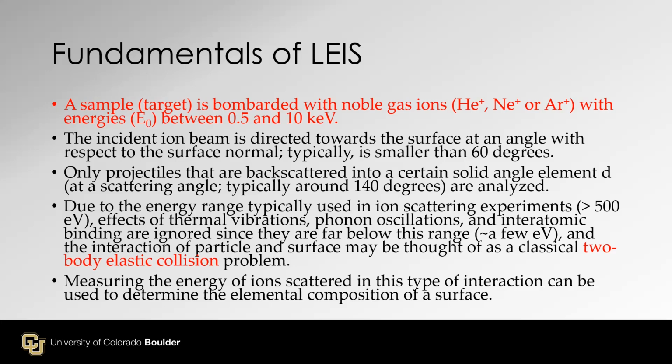The interaction between the incident ion beam and the surface atom is treated as a classical two-body elastic collision problem. So measuring the energy of ions scattered through this type of interaction can be used to determine the elemental composition of the surface.